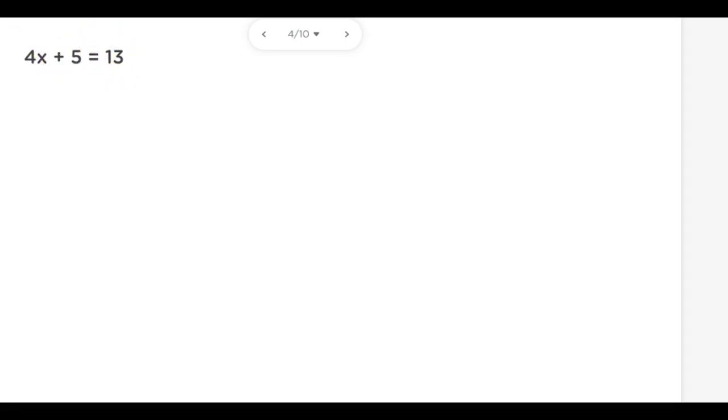So what we're going to end up with here is, let's see if I can do this to make it a little bit neater. We're basically going to end up with the -5 here. And you will basically subtract 5 on both sides. Okay?